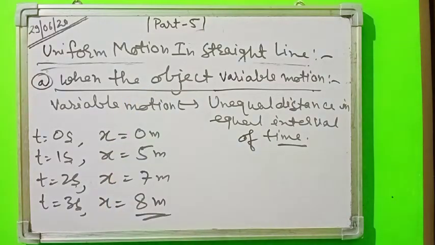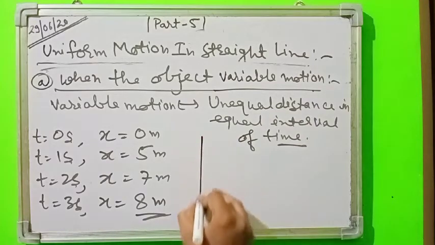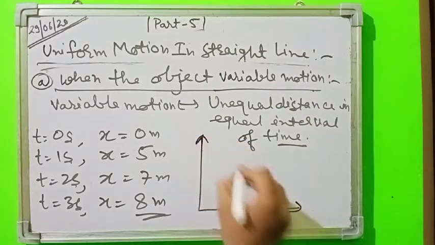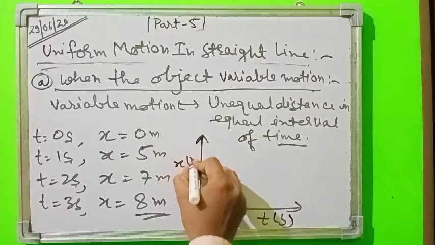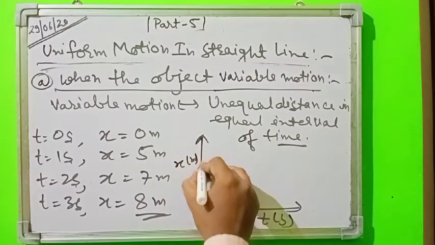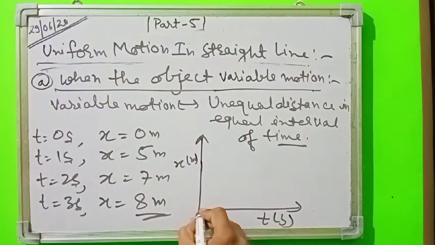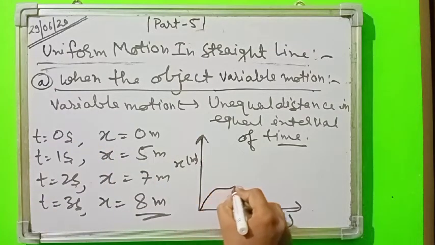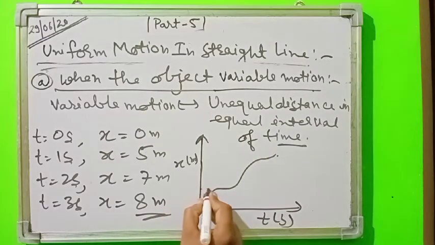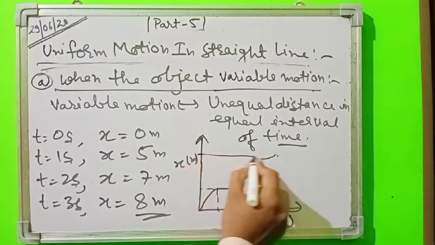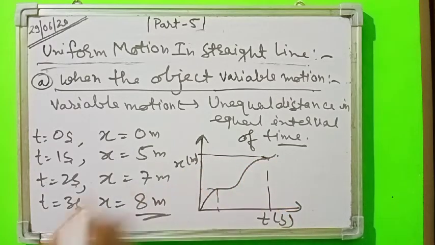So the distance covered is not fixed, and in this case the position time graph, with time in seconds and position in meters, looks like a zigzag, and this is the position time graph.